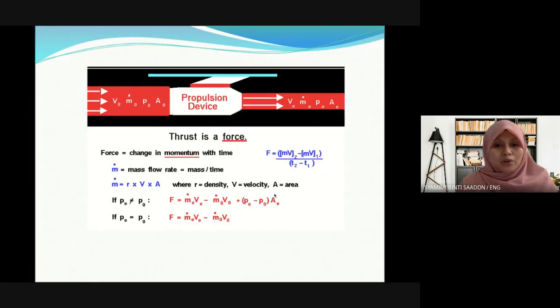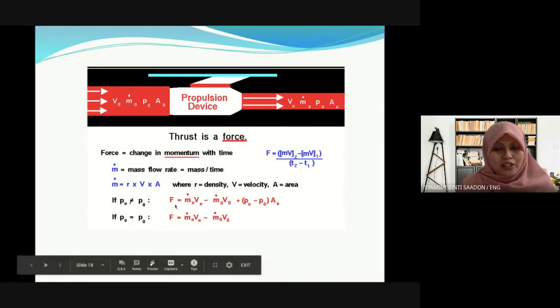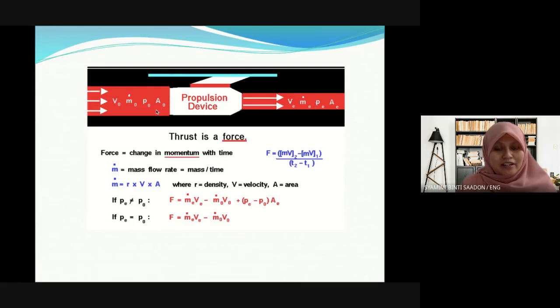So we use that theory, Newton's law and the law of conservation of momentum, to define the thrust force in a propulsion engine. Basically we have the general equation of the force. We have m dot v, exit and initial, where o is initial and e is exit at the exhaust nozzle.